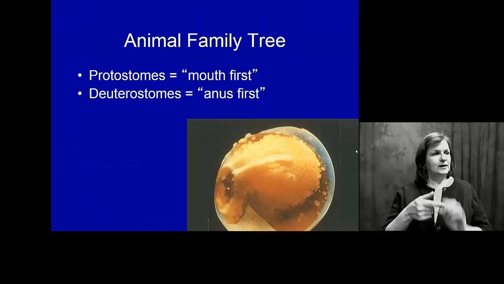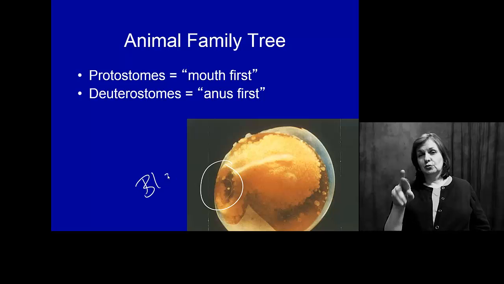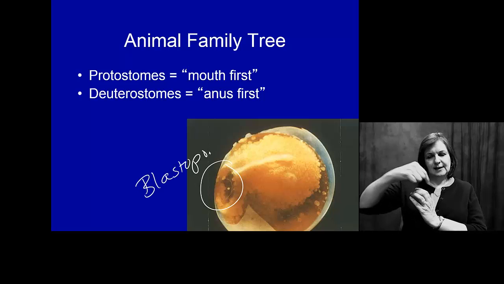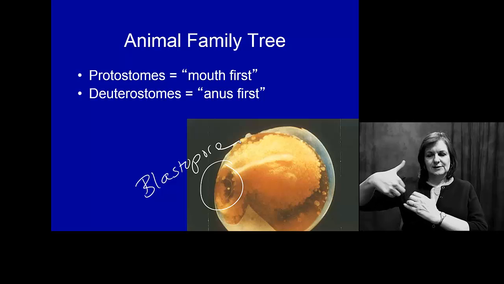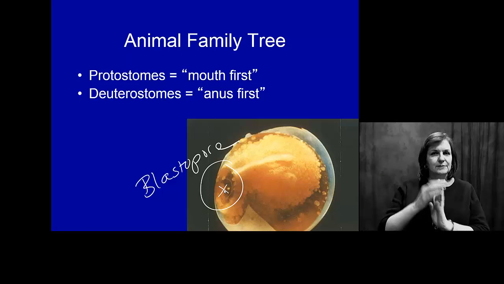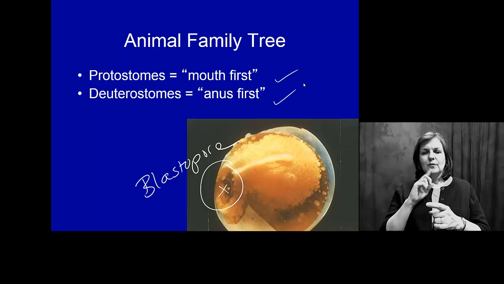So here are our protostome and deuterostome. You remember this blastopore is forming and folding in to form those germ layers, and as it folds in, whether or not that blastopore becomes the mouth or the anus will be important for us when we divide out our tree even further.